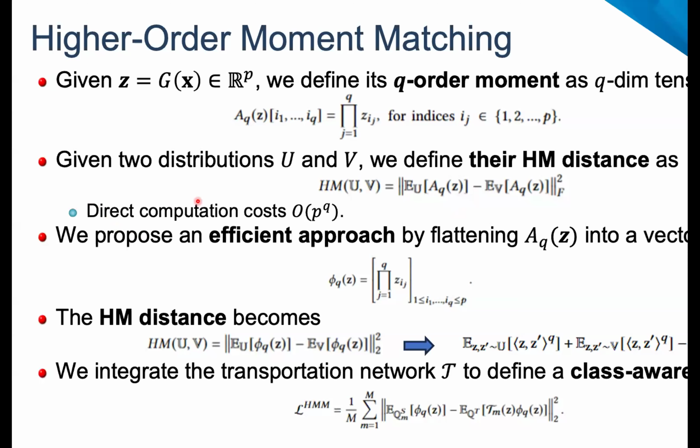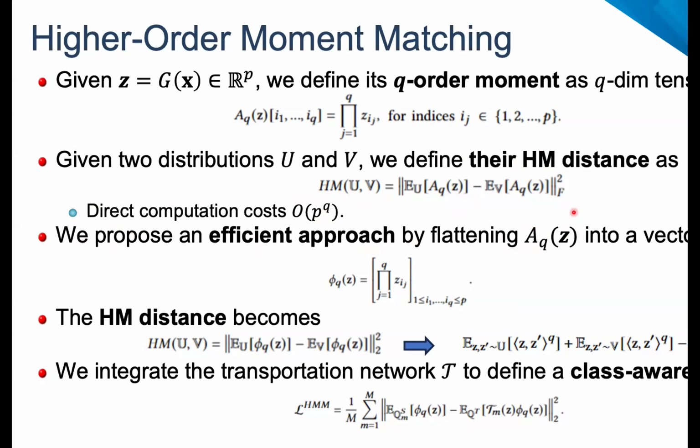As you can see, direct computation of this high order moment matching distance is costly because it costs P to the power Q. That's why we need to come up with an efficient way to handle this high order moment matching term.